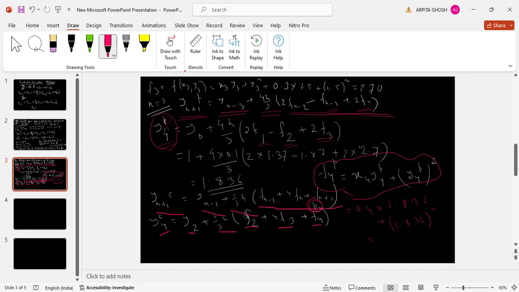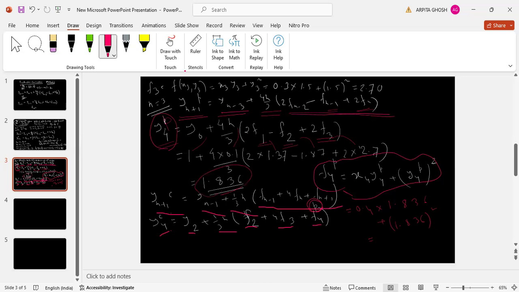And we know f0, f1, f2, f3. So we are putting f1, f2, f3, and y0 obviously we know, and h is the gap between two consecutive x's, which is equal to 0.1. So after simplification, the value becomes 1.8336.